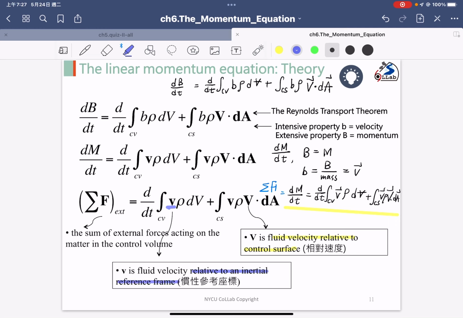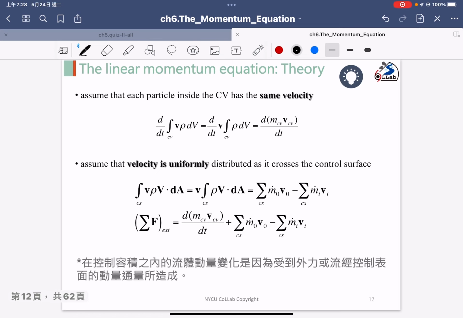So they are different, and in the following class we will discuss how different they are when we consider the moving control volume problem, especially the difference between these velocities.